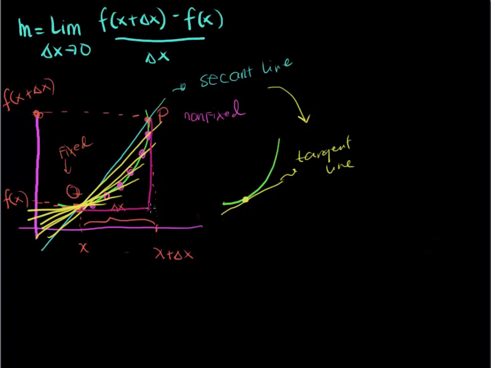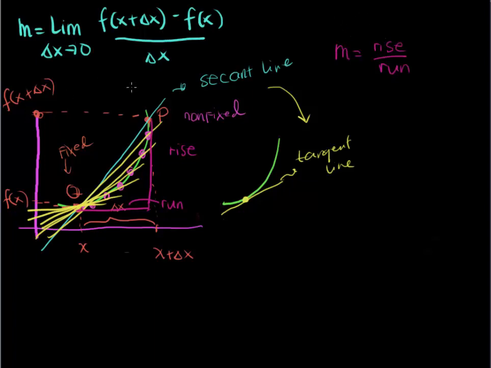Remember your slope of a straight line? The slope of a straight line is rise over run, meaning this is the distance of the vertical line and this is the distance of the horizontal line.